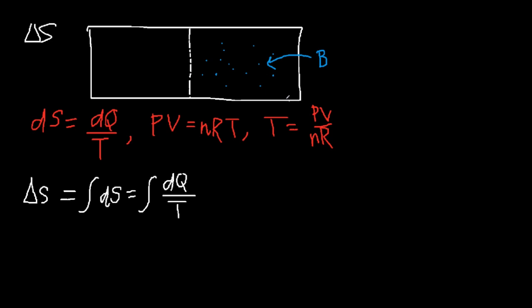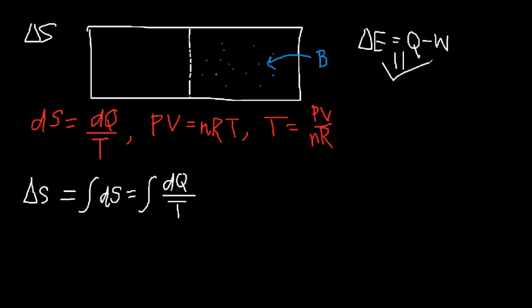Because this is an adiabatic expansion, we can talk about the first law of thermodynamics, which states the change in the energy of a system is equal to the heat inserted into the system, Q, minus the work done by the system, or plus W if it was work done on the system. But we're going to use the convention that W represents the work done by the system on the surroundings.